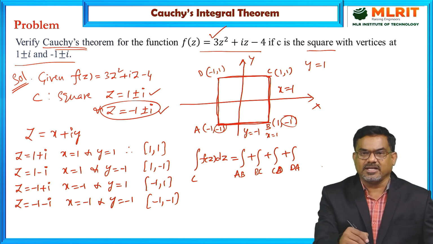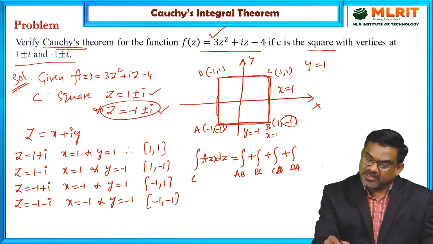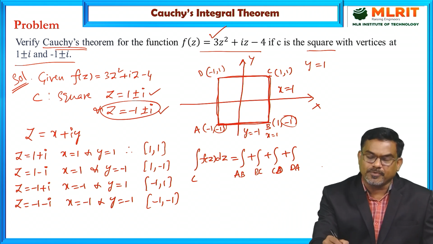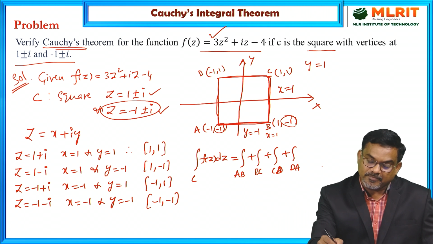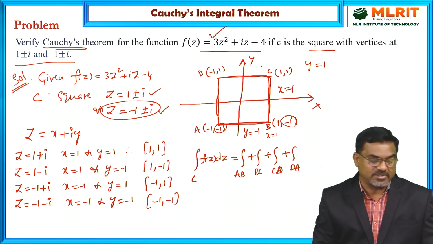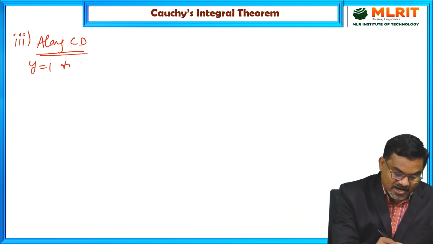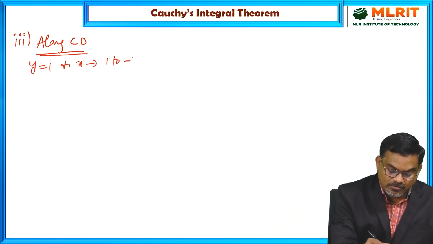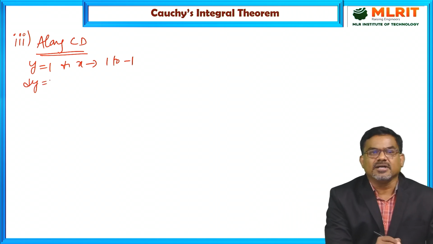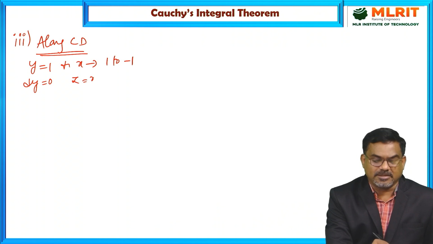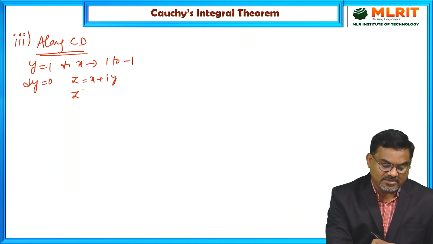So this is in anti-clockwise direction, because we are moving from A to B, B to C, C to D. When we move from C to D, x changes from 1 to minus 1, and y is fixed, y equal to 1. Since y is 1, dy will be 0. And what is z? x plus iy. Since y equal to 1, z is x plus i.